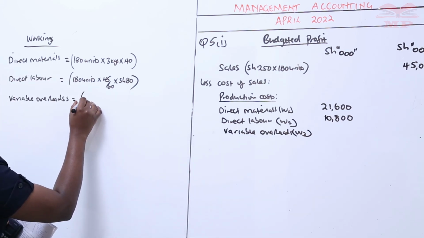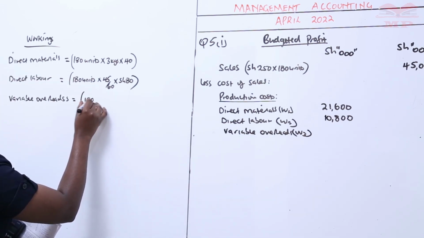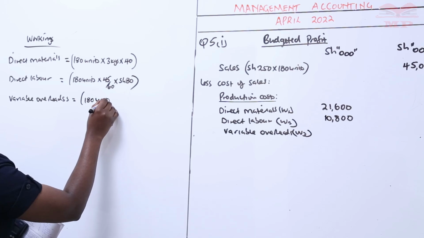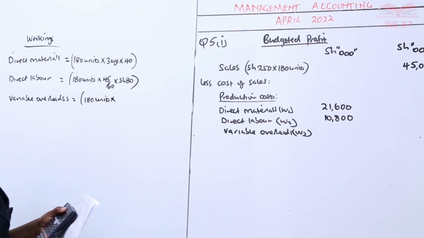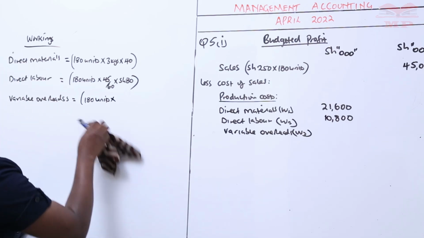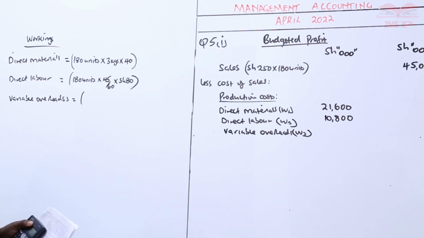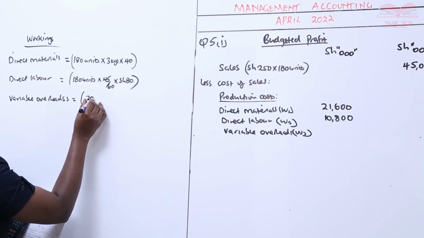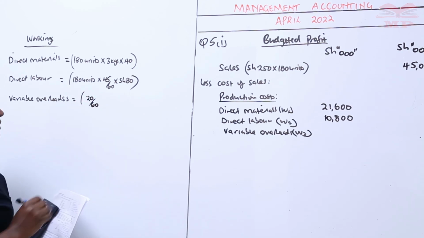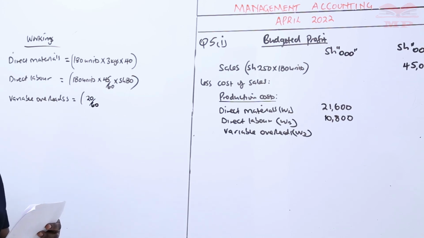So we have to take 180 units multiplied by, in fact, we already calculated that. So we simply need to calculate it on labor. In that table, the variable costs had 20 shillings. So we express it in labor, which had 60 shillings.